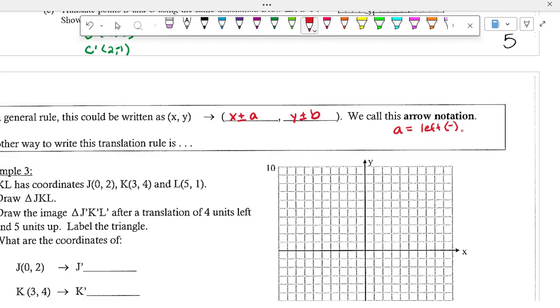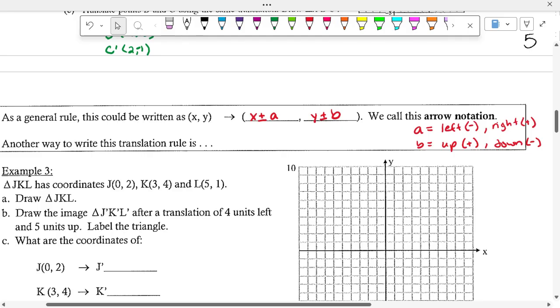Left, you would use a minus. Right, you would use a plus. And b is your up, down. So up, you would use a plus. Down, you would use a minus, however many units.